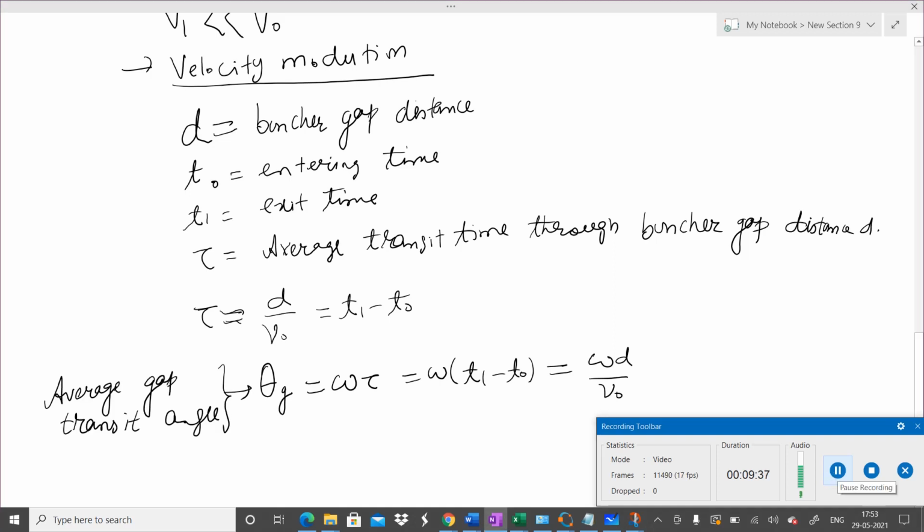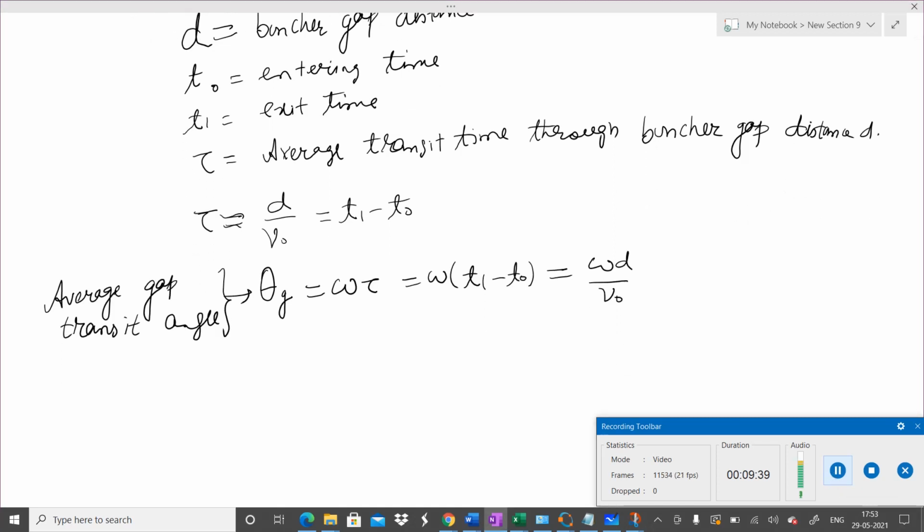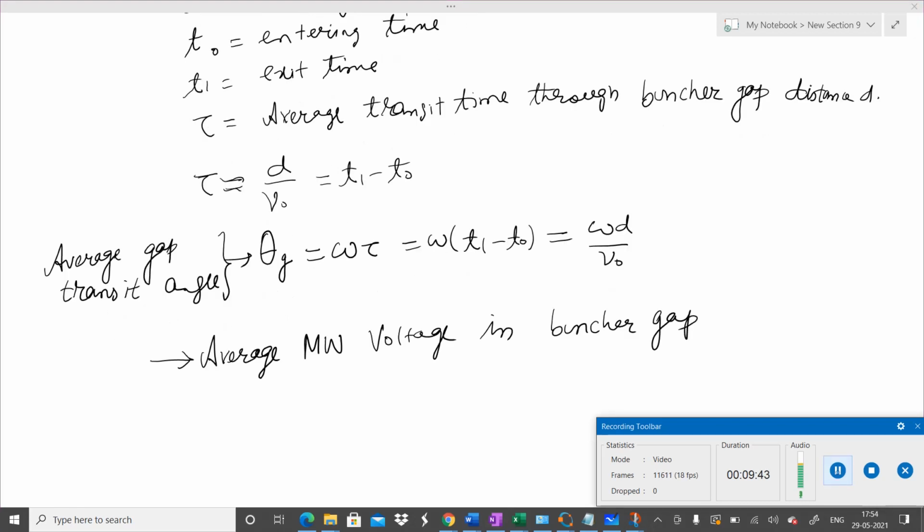Now we would like to find the average microwave voltage in the puncture gap. How can you find that? What is the instantaneous puncture voltage? That is V1 sine omega t. We will average it from the entering time to the exit time, divided by the transit time.